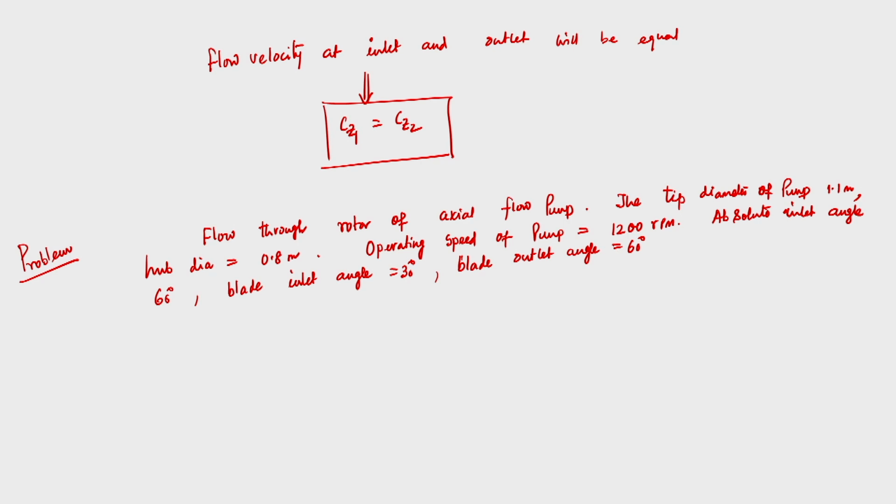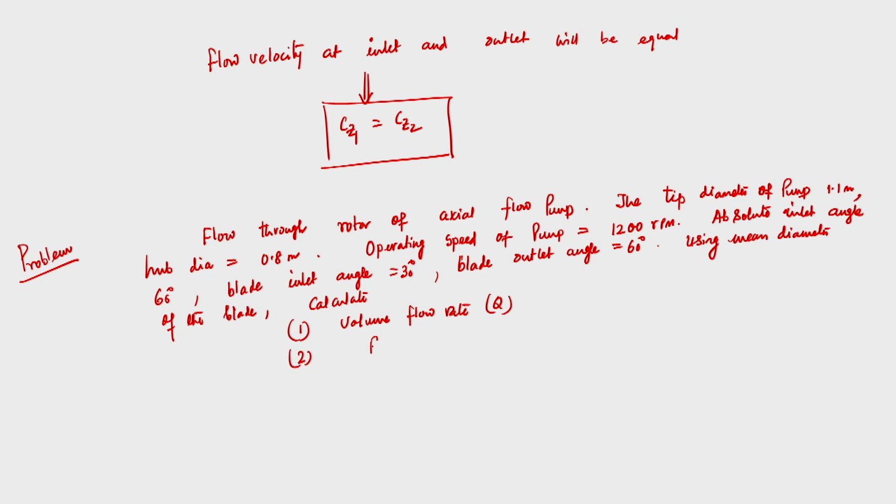Using the mean diameter of the blade, we have to calculate: one, volume flow rate Q; two, rotor torque; three, absolute outlet angle; four, power required.